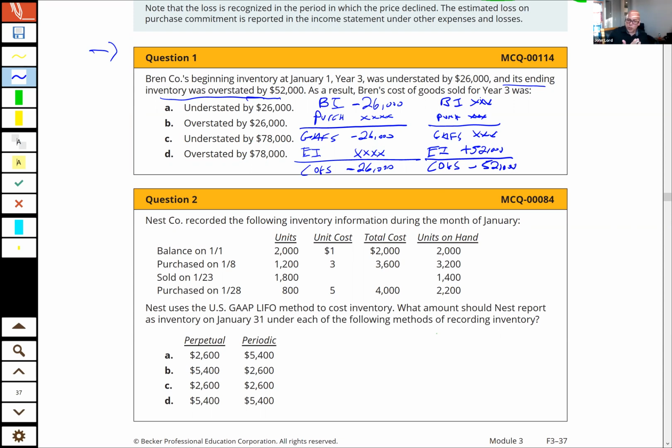Because I subtracted too big of a number for my ending inventory. So if you look at the understatement of cost of goods sold because of the beginning inventory problem and the understatement of cost of goods sold because of the ending inventory problem, I have an understatement, choice C, of 78,000.